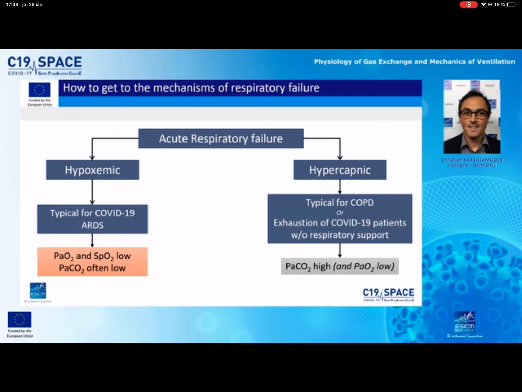Hypercapnic presentation is more or less seldom in this COVID-19 patient. It's more typical for patients with COPD, except the COVID-19 patient has a COPD or asthma. In this patient group, they usually present with a high CO2 and also with a low PaO2, but your leading lab value in this case is PaCO2.